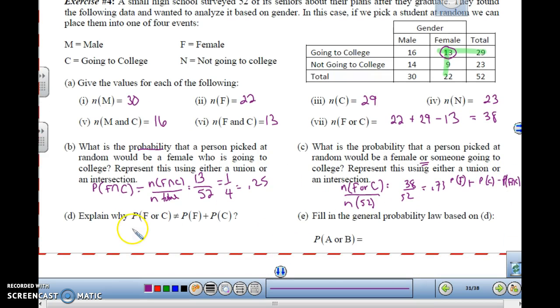All right, now, explain why P of F or C does not equal P of F plus P of C. Again, because certain people fall in both categories, because we have the overlap.